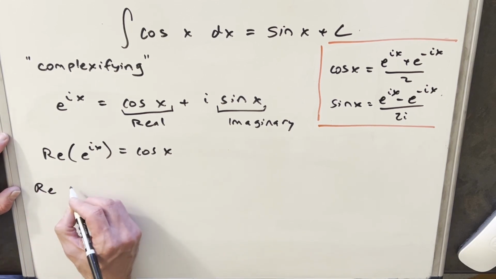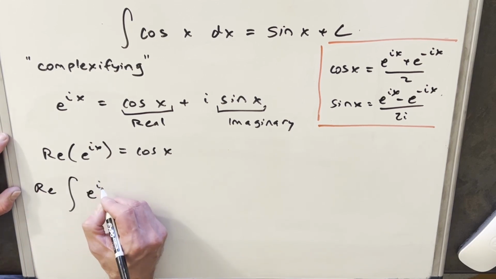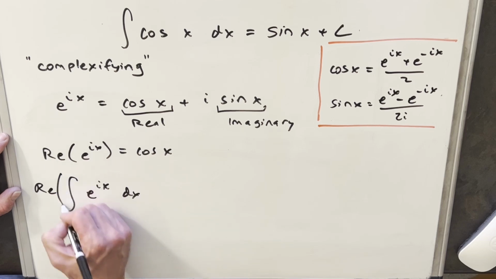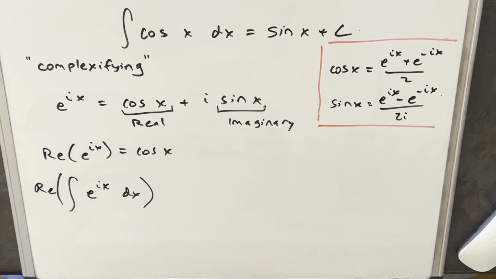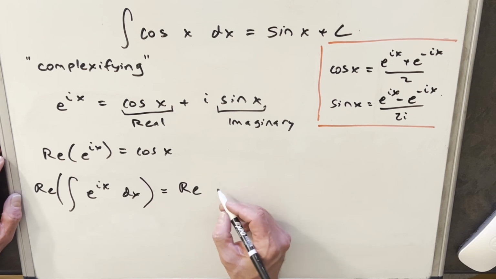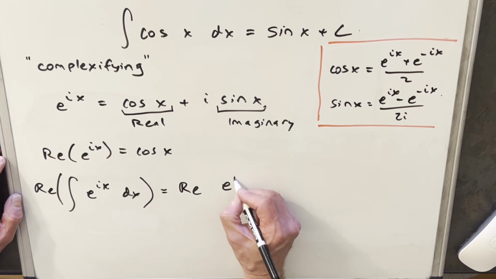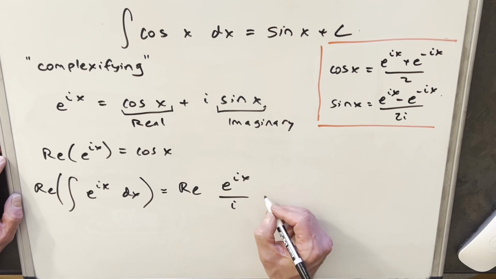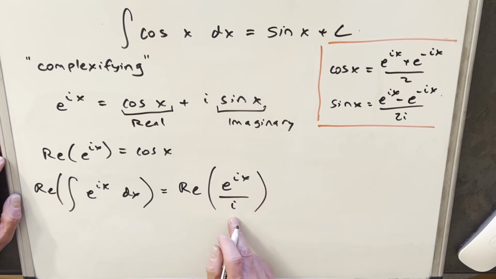We're going to do our integral, and we're going to integrate e^(ix) dx, but we just want the real part. We write this to remember that we're taking back just the real part, but now we have an even simpler integral than in the previous one. We're just going to integrate e^(ix), so the integral of that is just e^(ix) over i. And we want the real part of this.